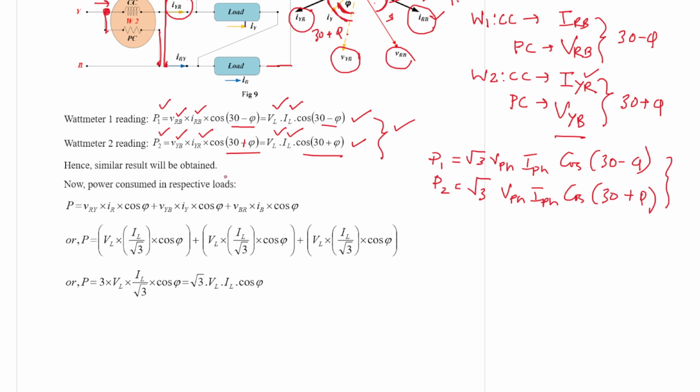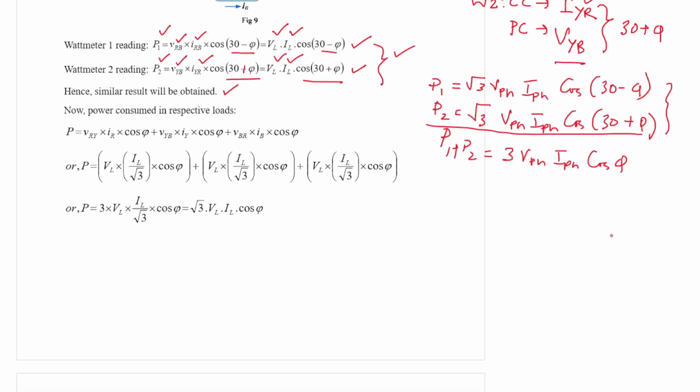So if you add P1 plus P2, it will give you 3 V phase I phase cos phi.